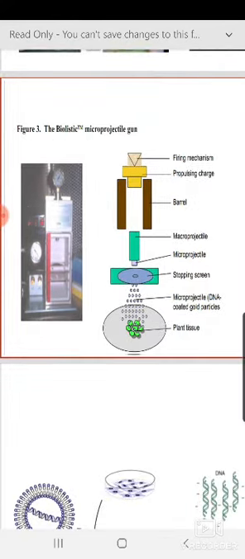The bullet you are firing will stop at the stopping screen, and all the DNA particles coated with gold particles will travel towards the plant tissue culture where you kept your petri plate, and will be inserted inside the cell, and the gene will be introduced inside the cell by using this technique.